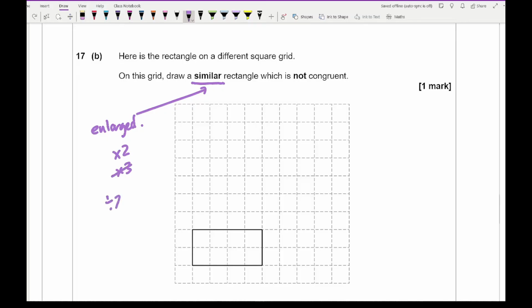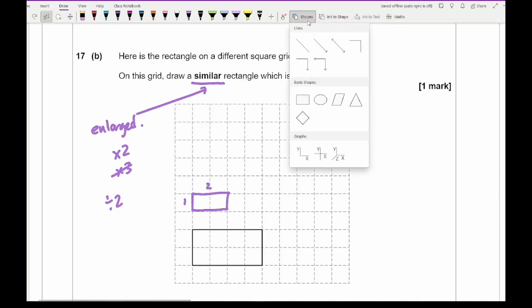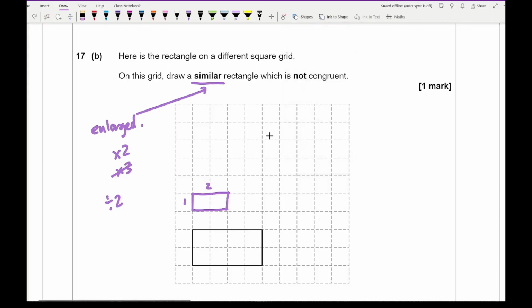You could also make it smaller by 2, so you could have a 1 by 2 rectangle, something that looks like that. Make sure it's drawn accurately with a ruler. Or, most typically, most students would probably have gone for doubling the size. So here we've got 4 by 8, which I might need to use a different colour for.